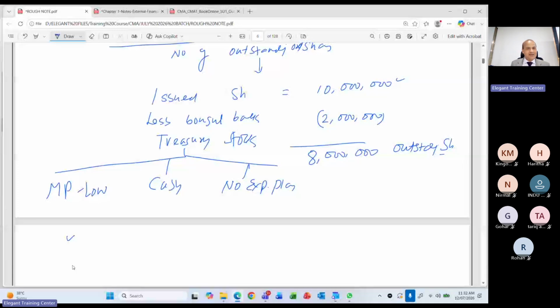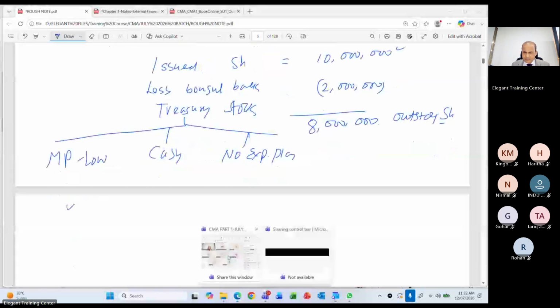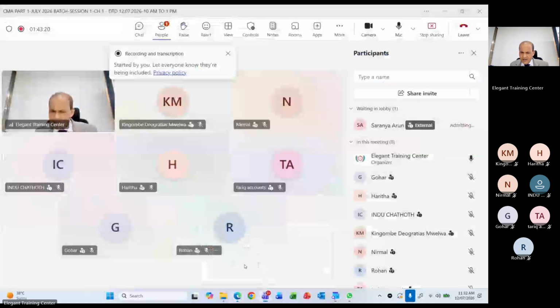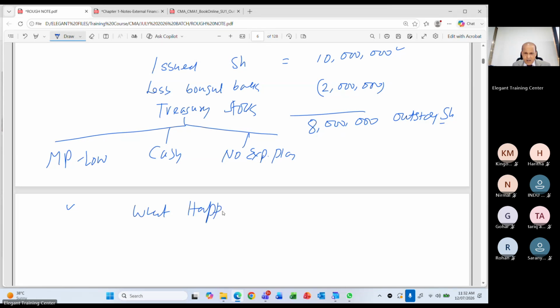So treasury stock is buying the shares from the market. Then what happens to treasury stock?